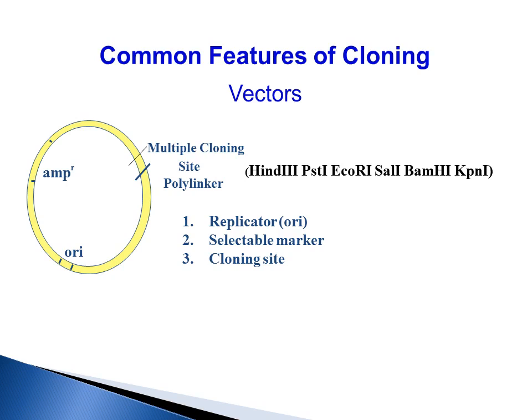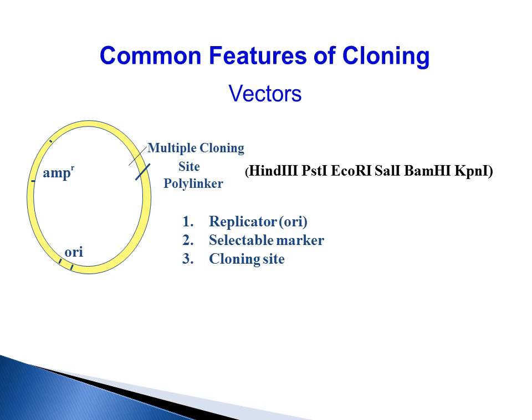So it depends on what vector you use. The different vectors are going to have different endonuclease sites. So for example, this vector right here has a HindIII site, a PstI site, an EcoRI site, a SalI, a BamHI, and a KpnI.